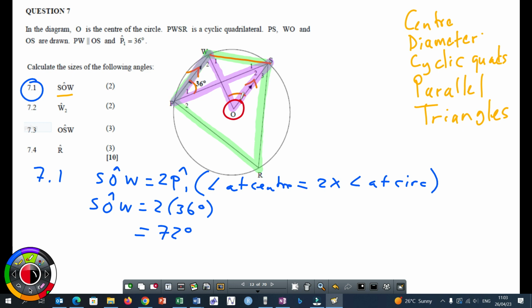One angle, that is angle SOW, is not at the circumference. Therefore, we can't use theorem 4. You only use theorem 4 if both angles are at the circumference.